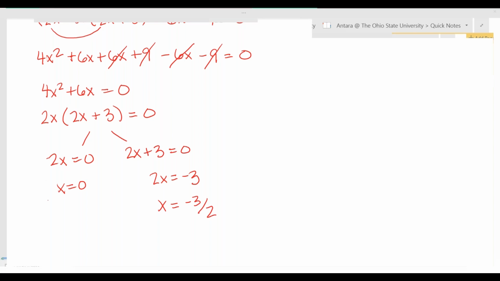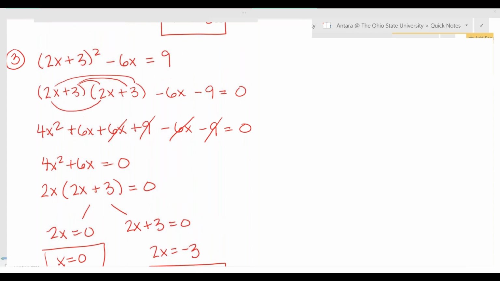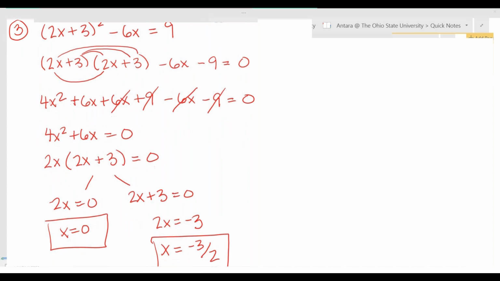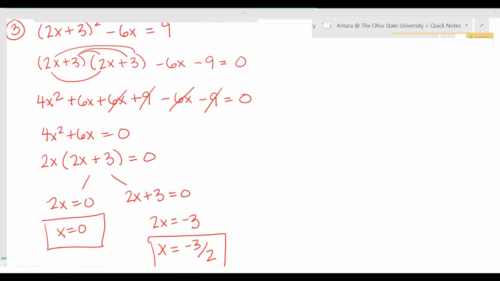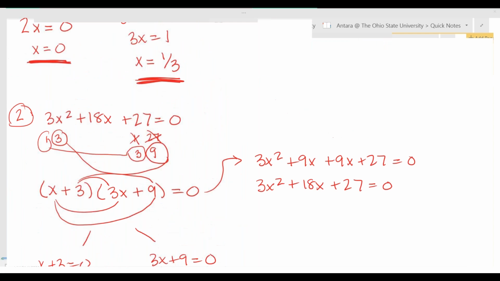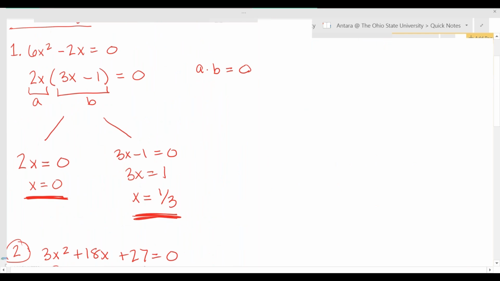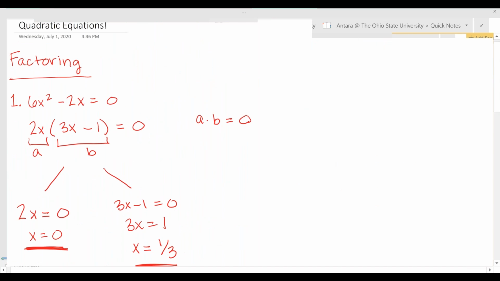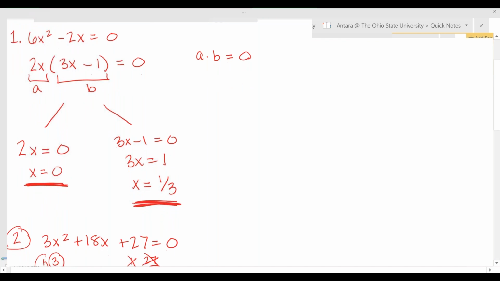So here we have our two solutions. It's x equals 0 and x equals negative 3 halves. So this is basically what it is for the last example. And so this is basically some of the basics to factoring these quadratic equations, with these examples.